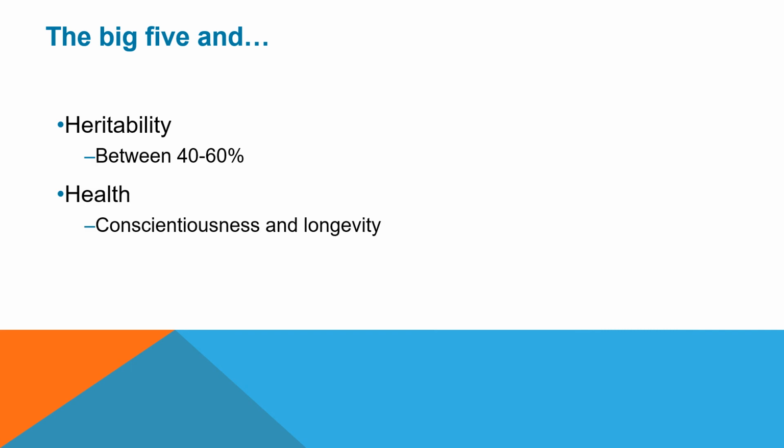I talk a lot more about personality and health when I talk in my health psychology class. This is one of the areas where I was trained. One of the personality psychologists I studied with, Suzanne Segerstrom, does a lot of work on optimism and health outcomes. But for example, conscientiousness is one of the biggest predictors of longevity.